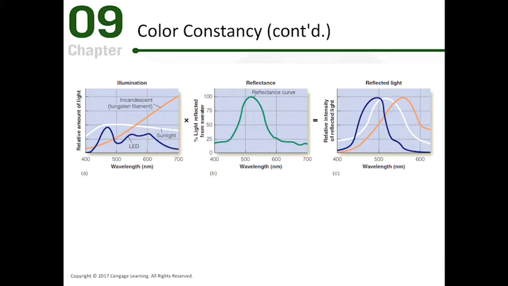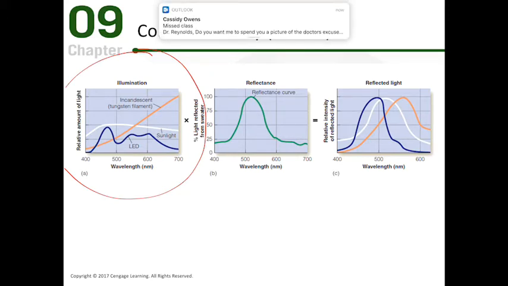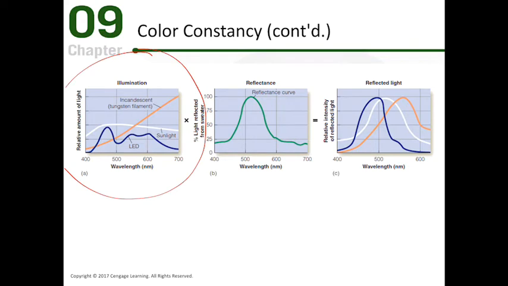So when we look at different kinds of light, for example, here on the very left, this is an example using a green sweater. Looking at different kinds of light reflecting, we have sunlight, incandescent tungsten filament light, and LED light.